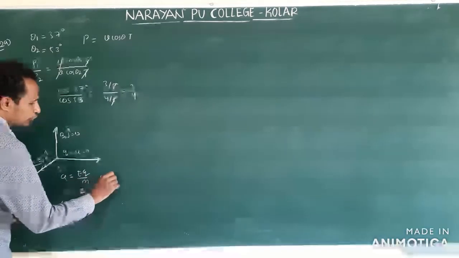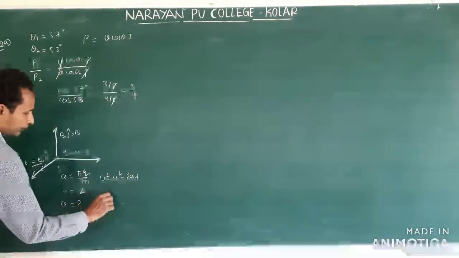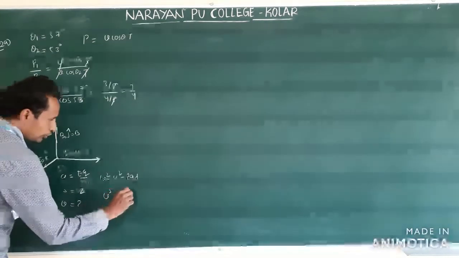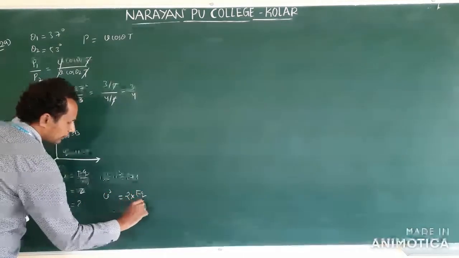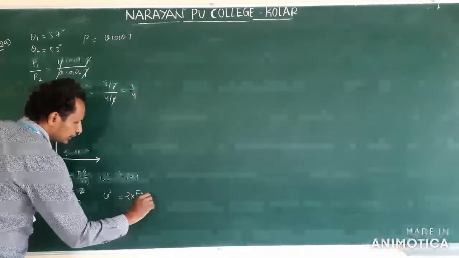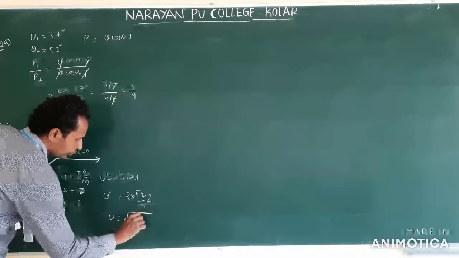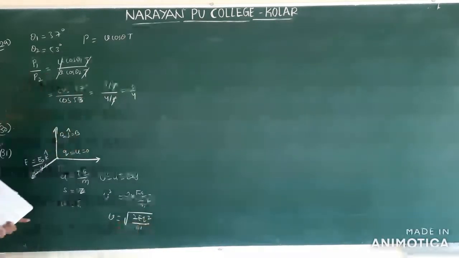V square minus U square is equal to 2AS. Initial velocity 0, so V square is 2AS. The acceleration is EQ by m and the displacement along z is z. So V is equal to under root of 2 EQ z by m.